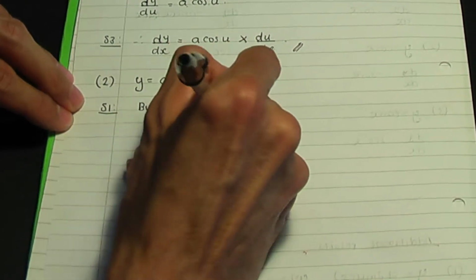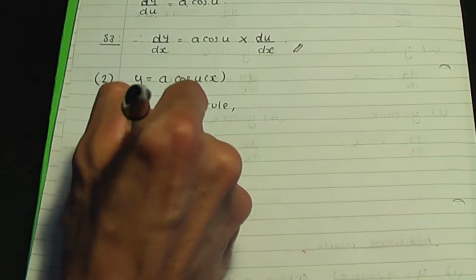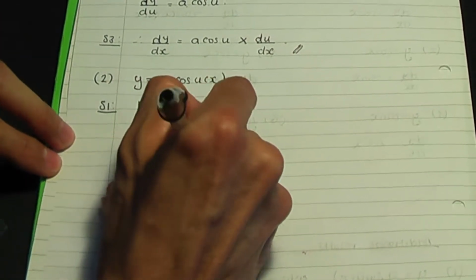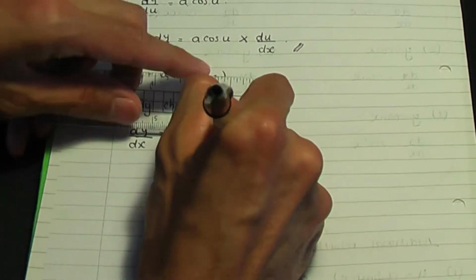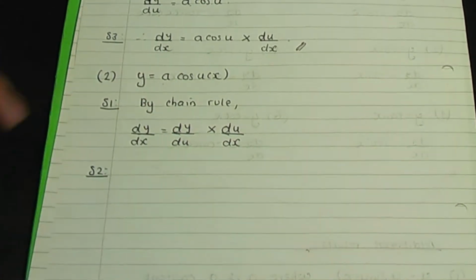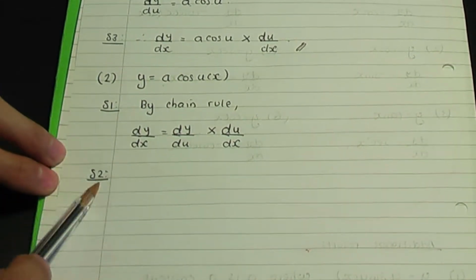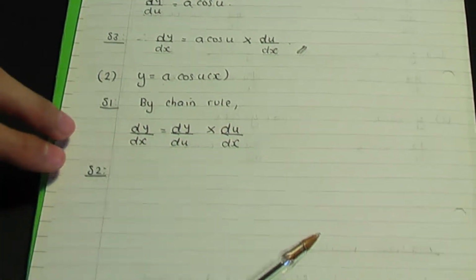So by chain rule, dy over dx is dy over du times du over dx. And remember, step 2 is to work out dy by du. So this is what I did earlier.